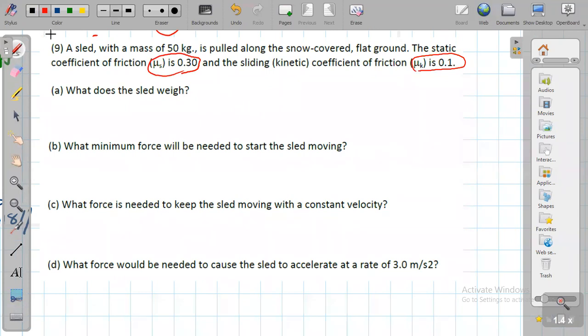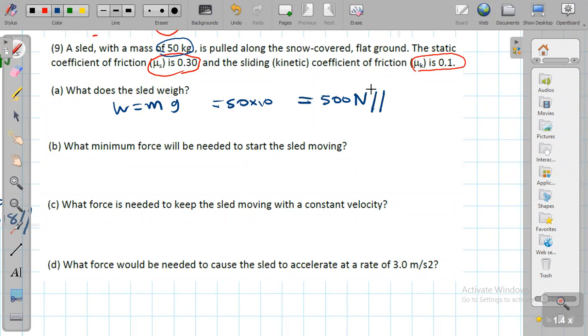What does the sled weigh? The mass of the sled is 50. The weight is W equals mg, so 50 times 10. It is 500 Newton. That is the weight.